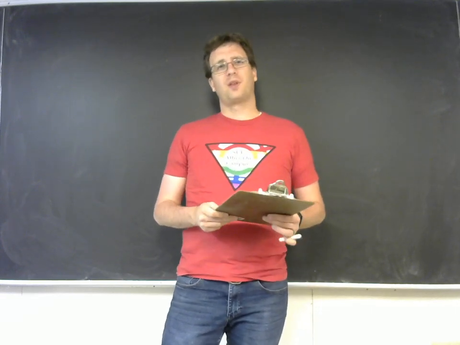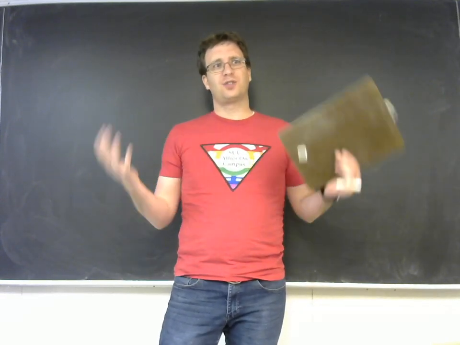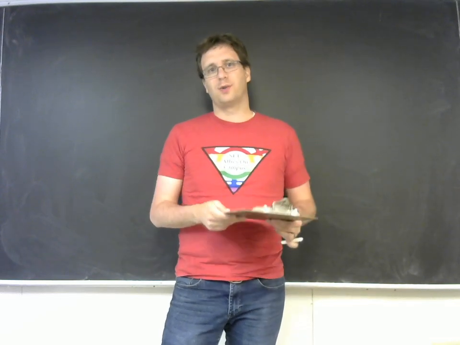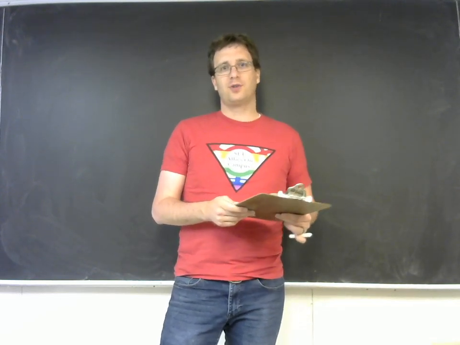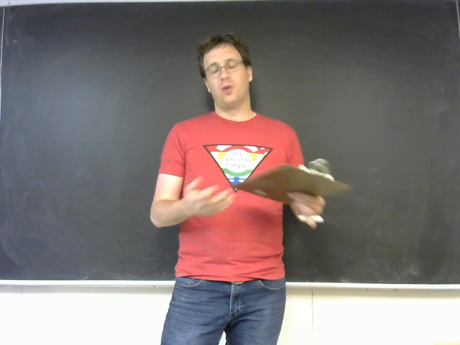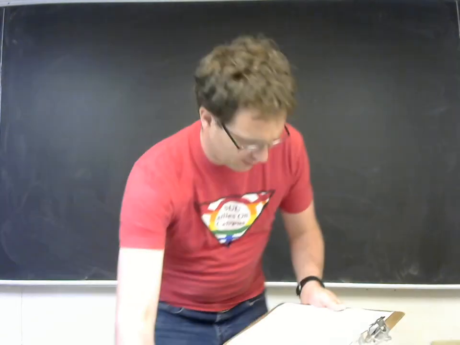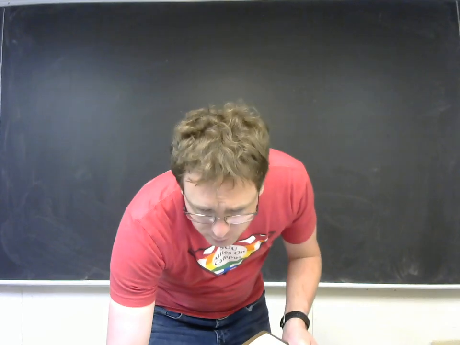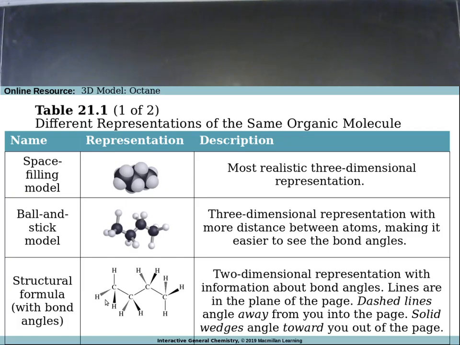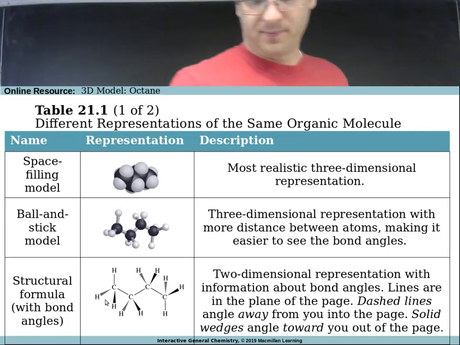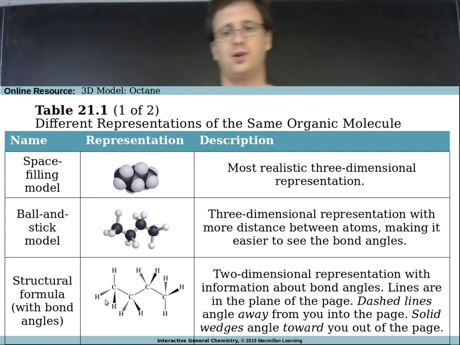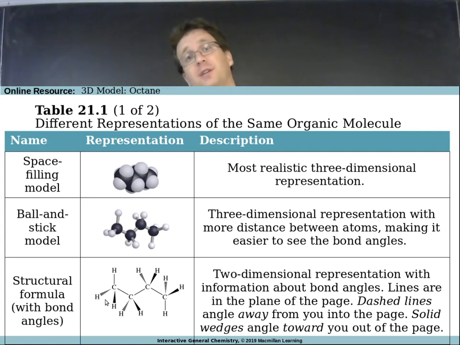So because structure is important to organic molecules, usually a chemical formula alone is not really sufficient to carry all the information we need. So here we have table 21.1, and it's actually going to be split up into two pages here that show different ways that we represent organic molecules. The first one here is a space-filling model.